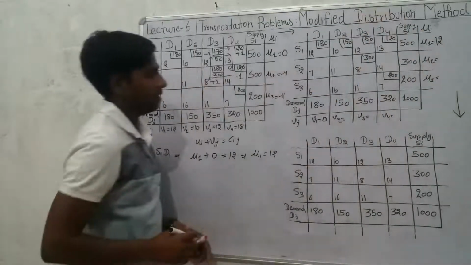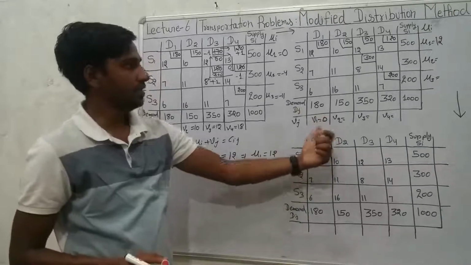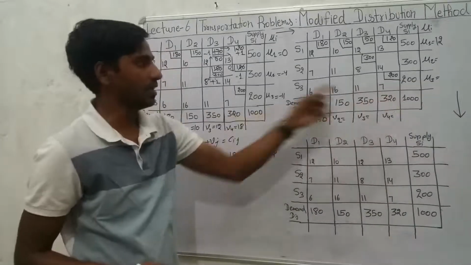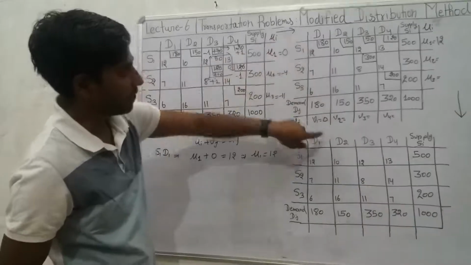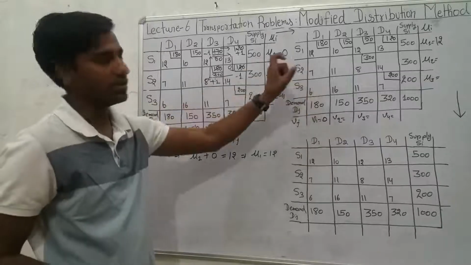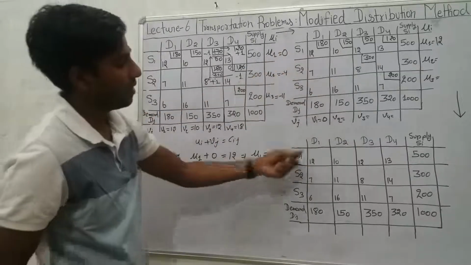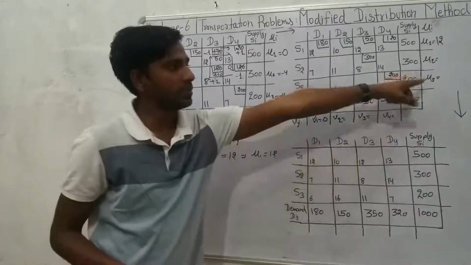Now check if by using this column we can calculate u2 or u3 or any other index values, and for that we need an occupied cell. In this particular column there was only a single occupied cell, so we cannot use this column for further calculation of these values.